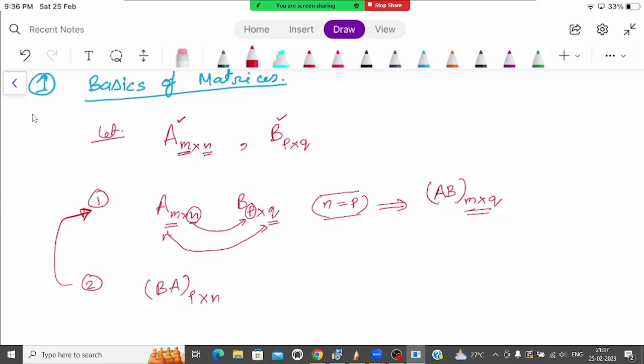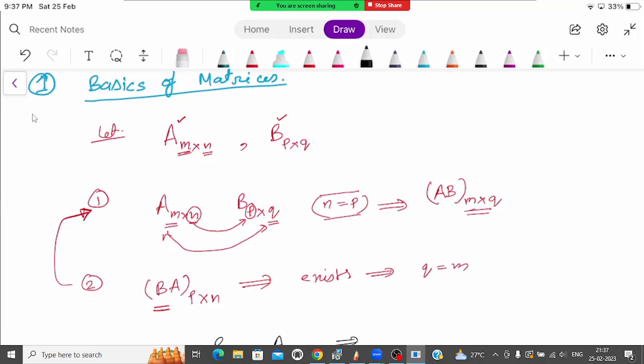This exists only when q equals m. See here, B is a p cross q matrix and A is an m cross n matrix.